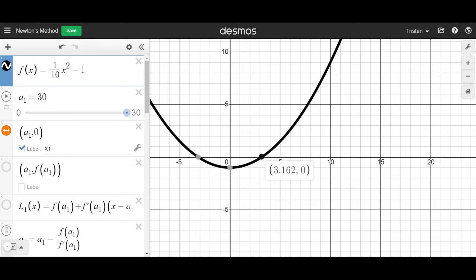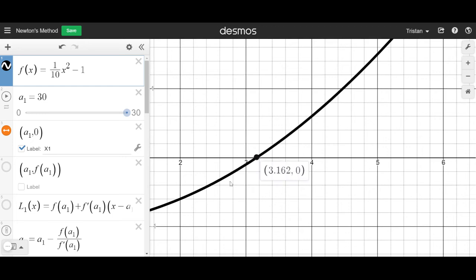Have you ever wondered how your calculator and how Desmos are able to actually solve equations so fast? What is the program that runs in the background that is calculating the x coordinate of this x-intercept? The answer is that it's probably some kind of numerical method.